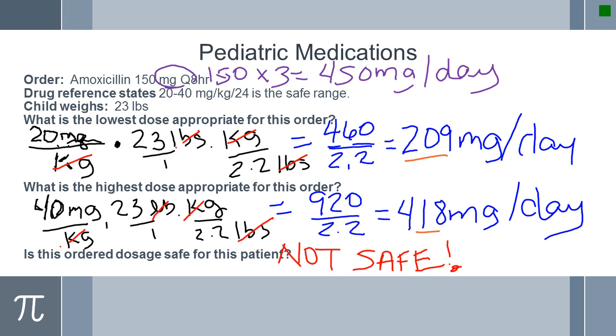It would help if the pen would write. 20 milligrams per kilogram, our patient is 23 pounds. So we have to convert that. Our kilogram is 2.2 pounds.